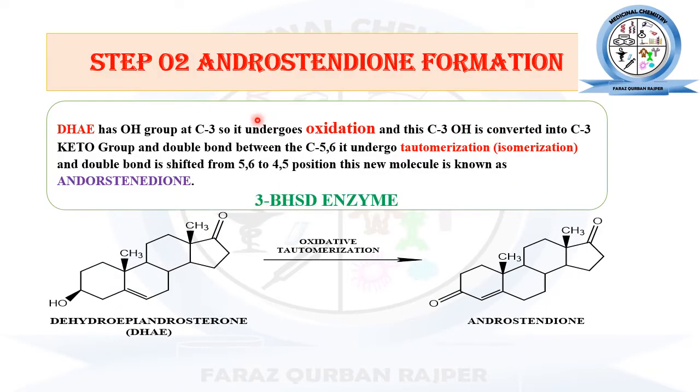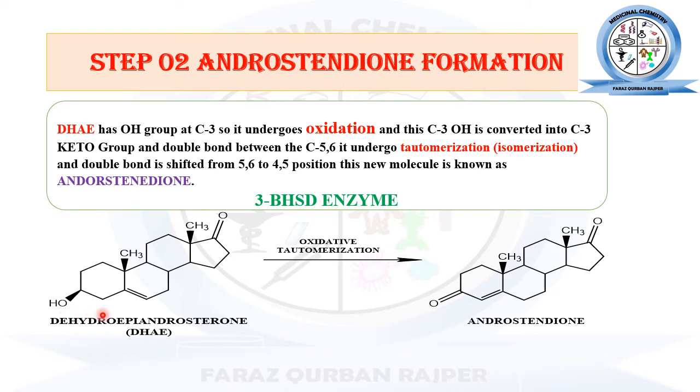This is step number 2, the synthesis of androstenedione. Androstenedione is synthesized from dehydroepiandrosterone. Dehydroepiandrosterone, as we have already observed, has the hydroxy group at the carbon number 3 position, and this hydroxy group will undergo oxidation.